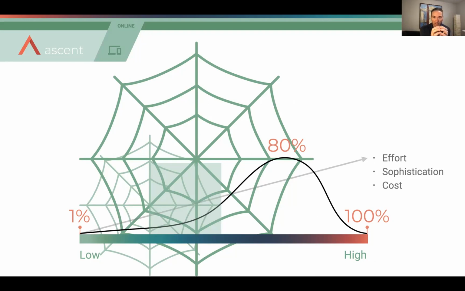And so you need to look for partners. And this is what Ascent does, is we focus on the ability to build as big a web as we need to, all the way up to 100%, and to add products and services and sophistication and content and do things and strategies that allow you to build that bigger and bigger web depending on where you are, so that we can move you up into that proper place.